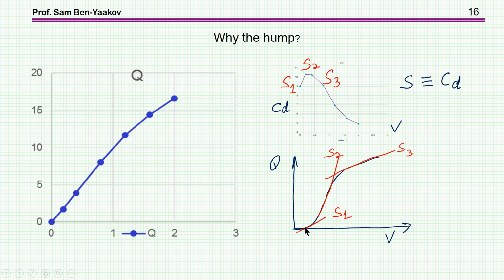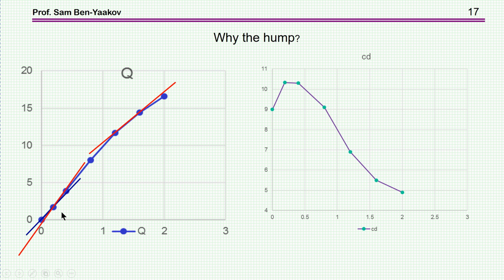So there is an area in which the capacitance or the current is rather small, and only then you can start it. And then there is a saturation effect in which all these domains are ordered already, and another movement requires quite a bit of voltage.